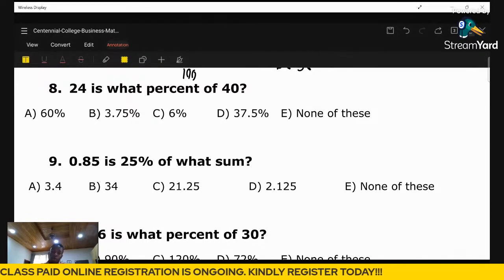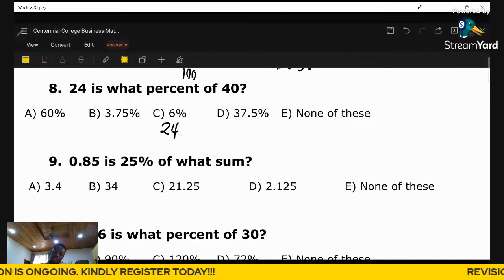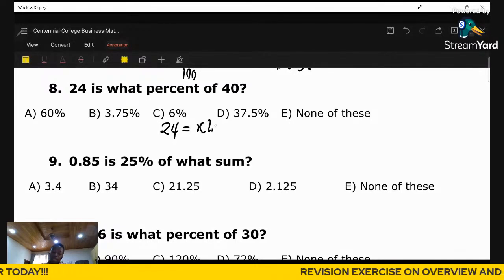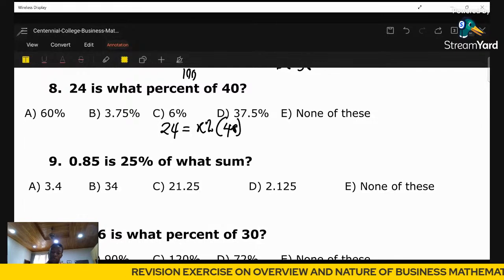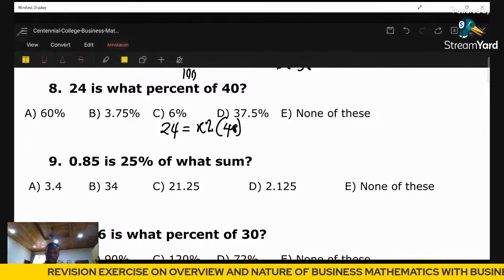With an equation approach, we say that 24 should be equal to X percent multiplying 40.